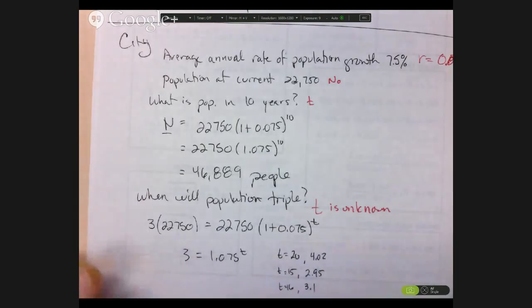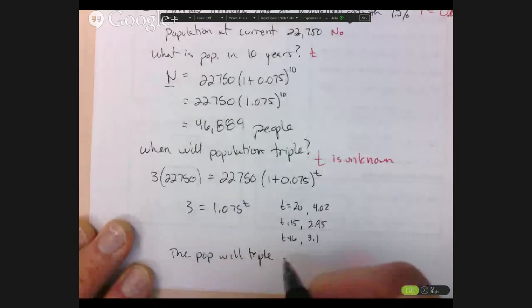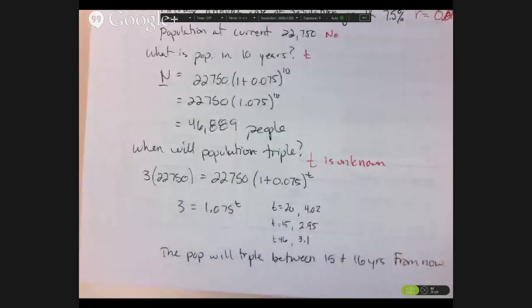Okay, so we would say the population will triple between 15 and 16 years from now, right? So you're going to have to estimate at this point. So that's one solution technique. Now, when we get to logarithms, you're going to have an exact answer.